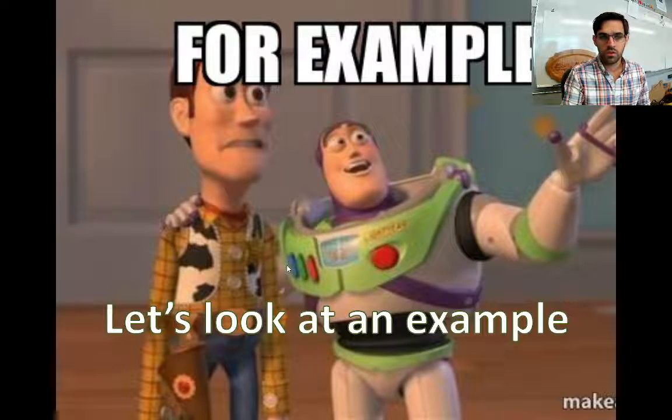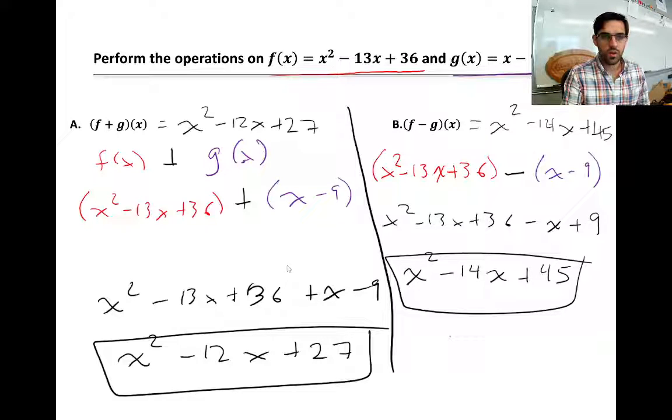Alright, so some examples here. Let's say f of x is this expression right here, and g of x is this expression right here. I can add those two expressions together. F plus g of x would be f of x plus g of x, or x squared minus 13x plus 36, plus g, so x minus 9.